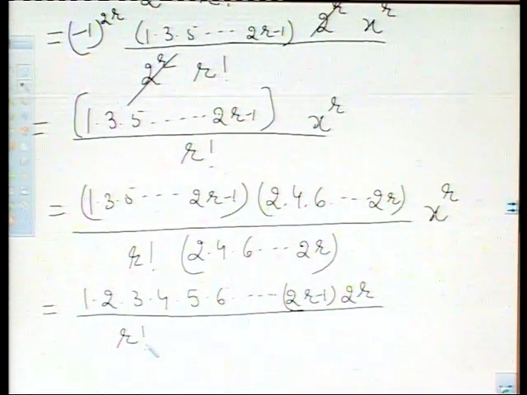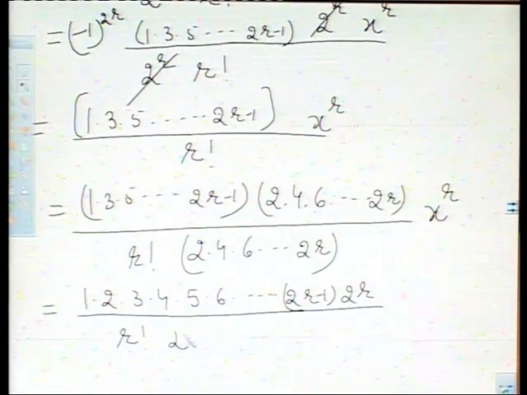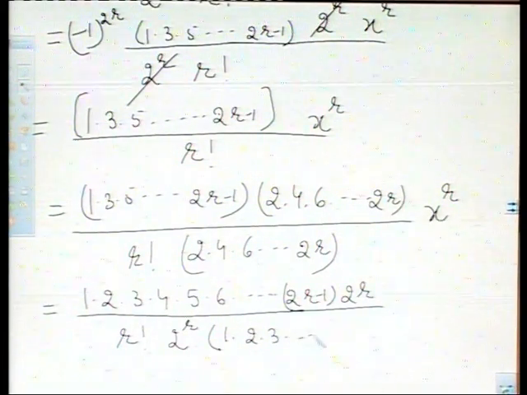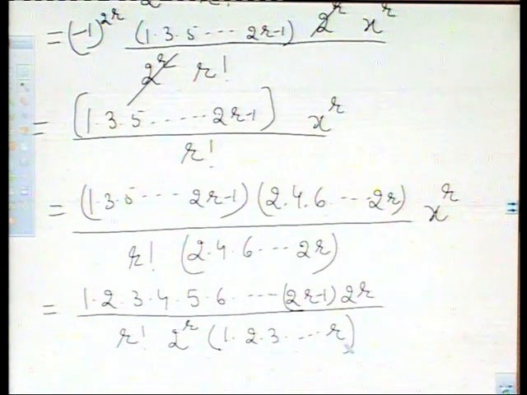If we take 2 common, then it will be equal to 2 raised to power r, and this is 1, 2, 3 and so on. Taking 2 common, 2 becomes 2 raised to power r.